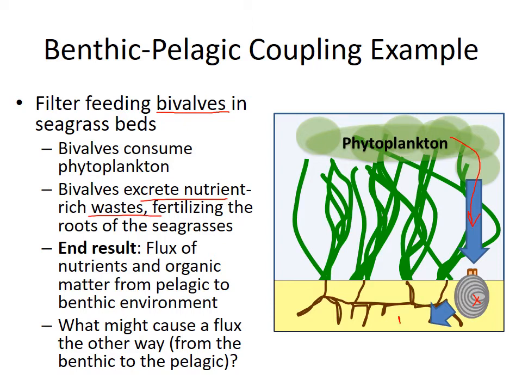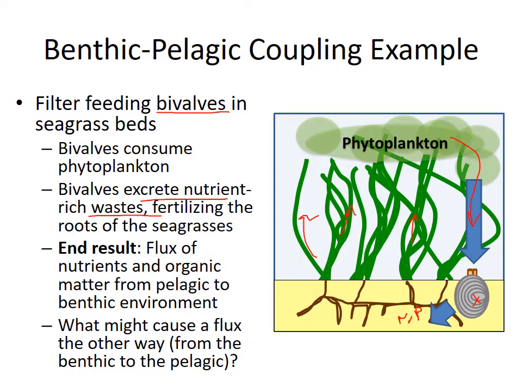So that's nitrogen and phosphorus, which end up fertilizing the roots of the seagrasses, and that stimulates the growth of the seagrass. So you had basically this pelagic primary producer, the phytoplankton, but it got eaten, and its nutrients ended up getting transferred to this benthic primary producer, the seagrasses.